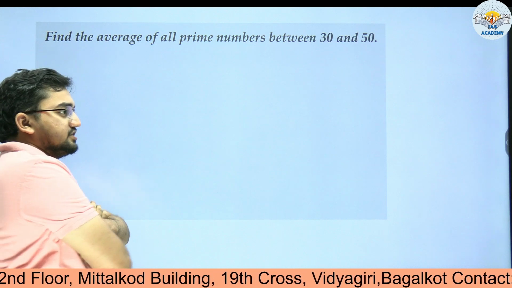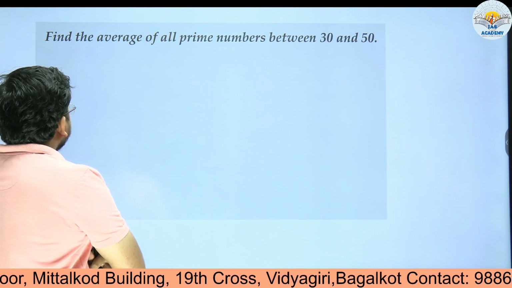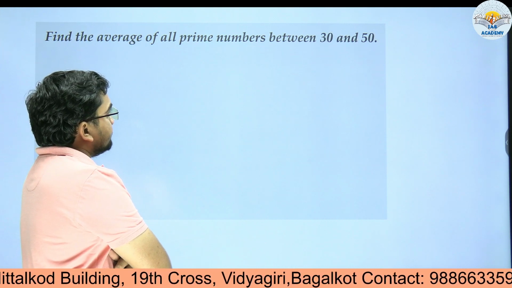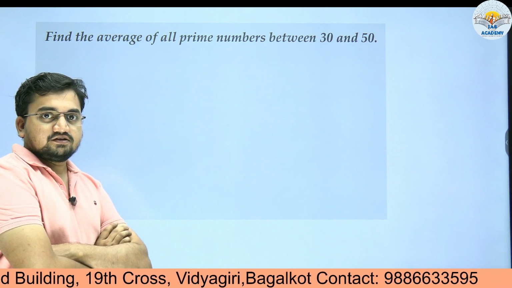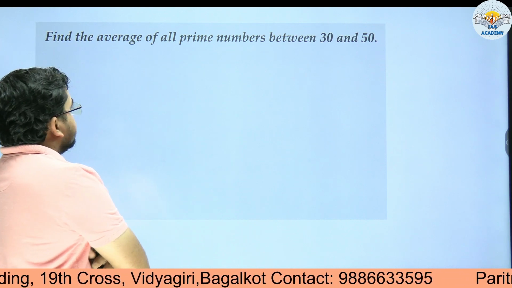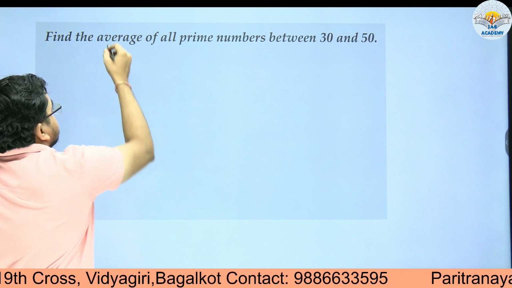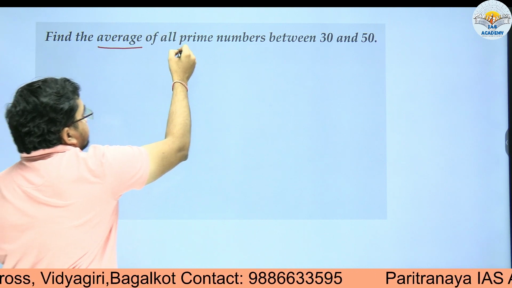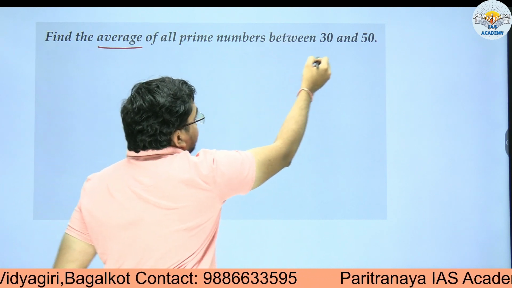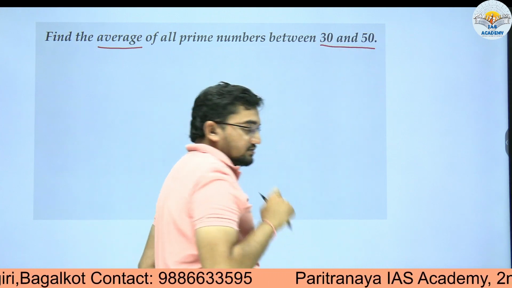Read the question. It asks to find the average of all prime numbers between 30 and 50. They are asking for the average. First is to find the average. Second is all the prime numbers between 30 and 50.